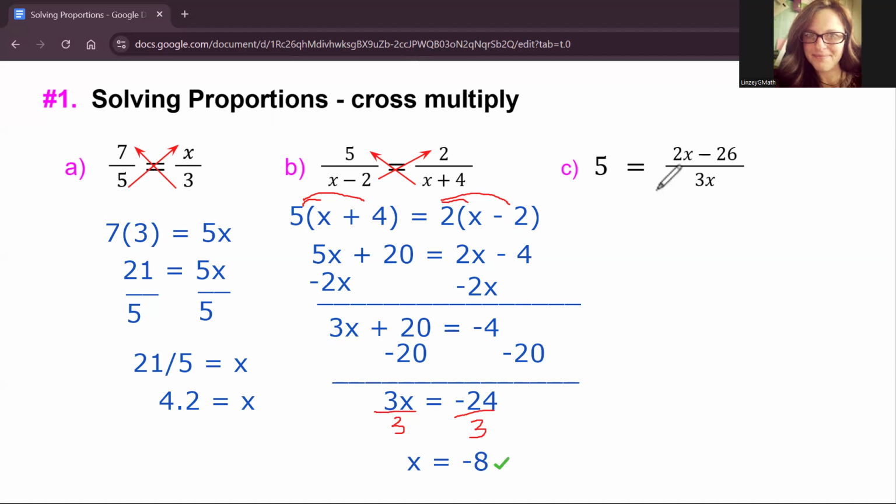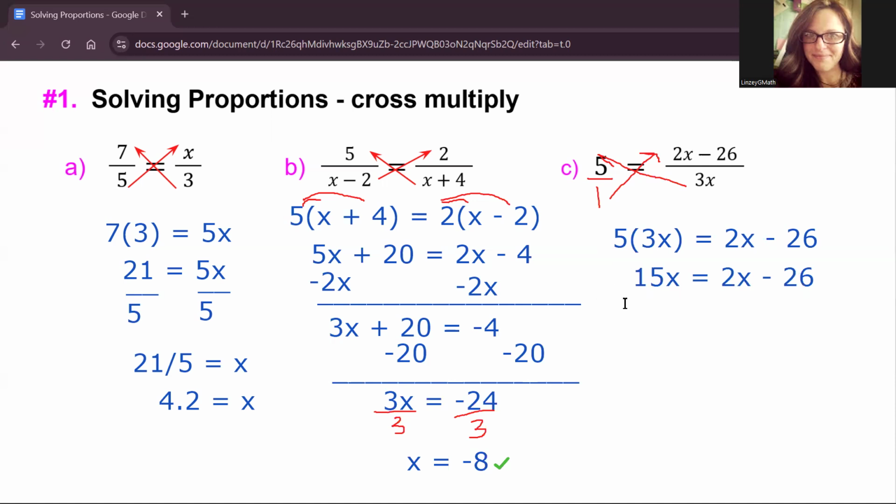C, we can put 5 over 1, so you can see the proportion, and now we'll cross multiply. 3x times 5 and 1 times 2x minus 26. 5 times 3x is equal to 1 times 2x minus 26. And we'll multiply.